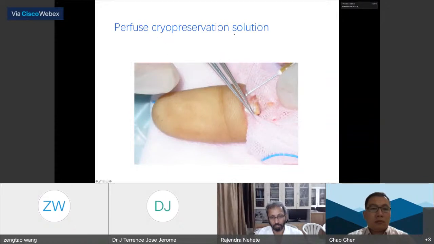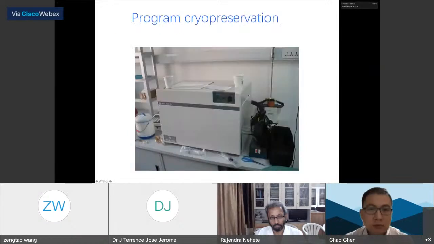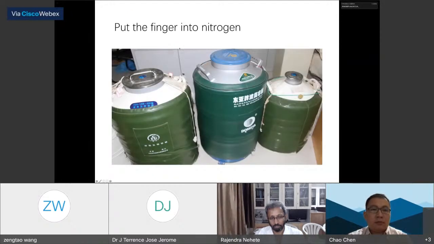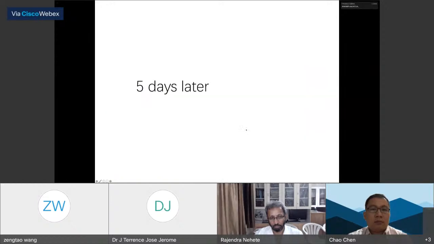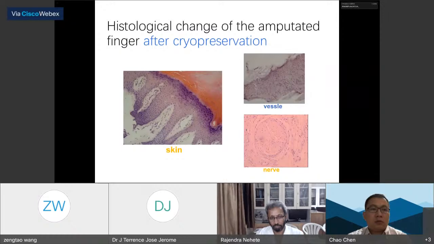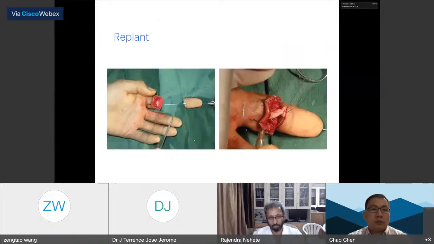Refused the cryopreservation solution, and the program cryopreservation. I put it in liquid nitrogen. 5 days later, replant.